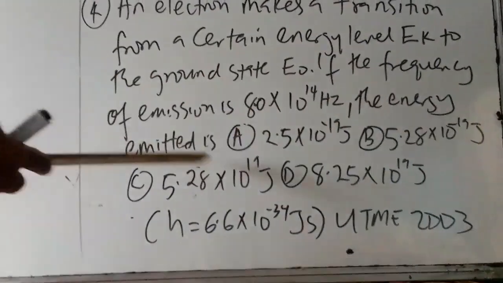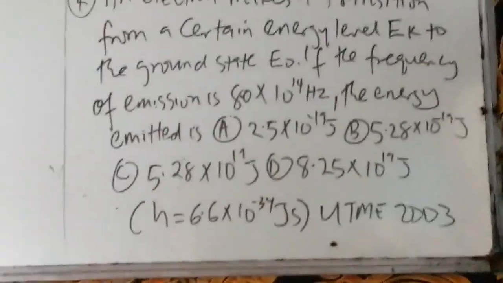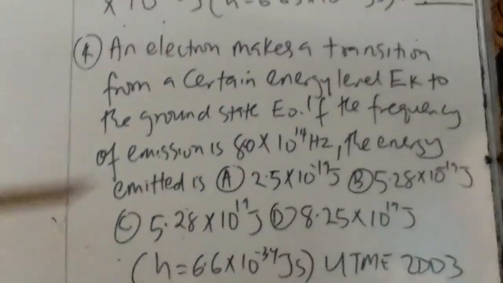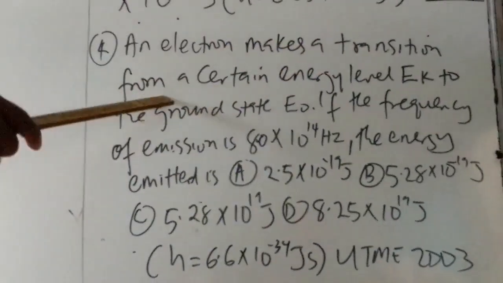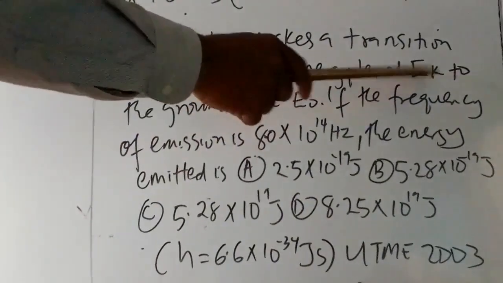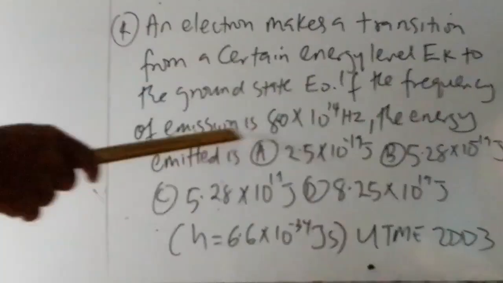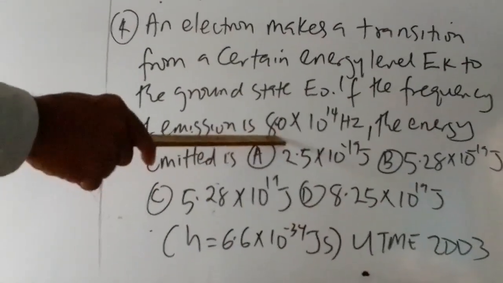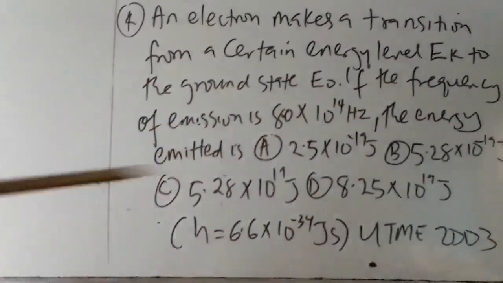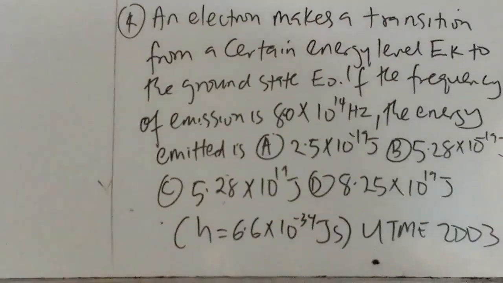The energy emitted is, so let's look at this problem. An electron makes a transition from a certain energy level EK to the ground state E0. The frequency of emission is 8.0 times power 14 Hz. The energy emitted is, look at this question, let's go to the solution.